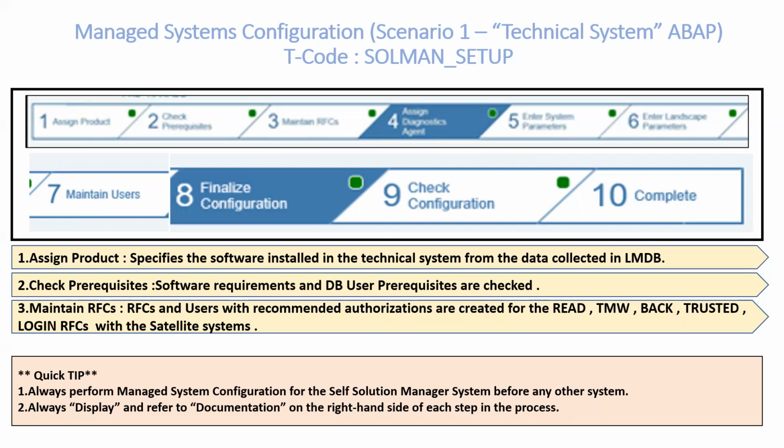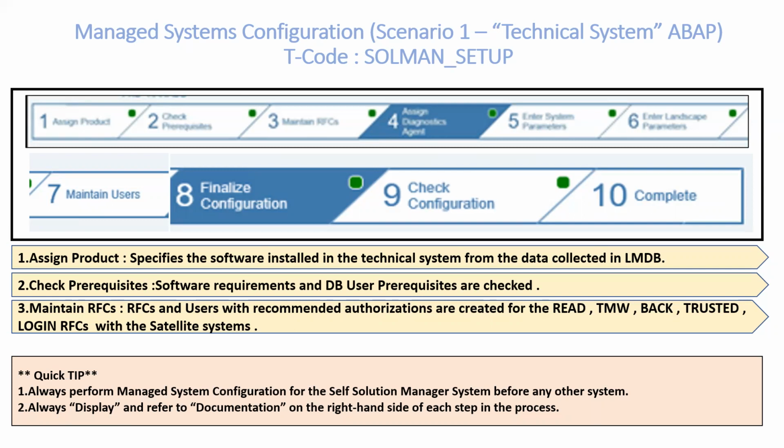Here, the RFCs and users with recommended authorizations are created for read, TMW, back, trusted, and login RFC types with the satellite systems. Let us look into the usage of these RFCs. The read RFC is used for basic Solman functions and data collection from the satellite.